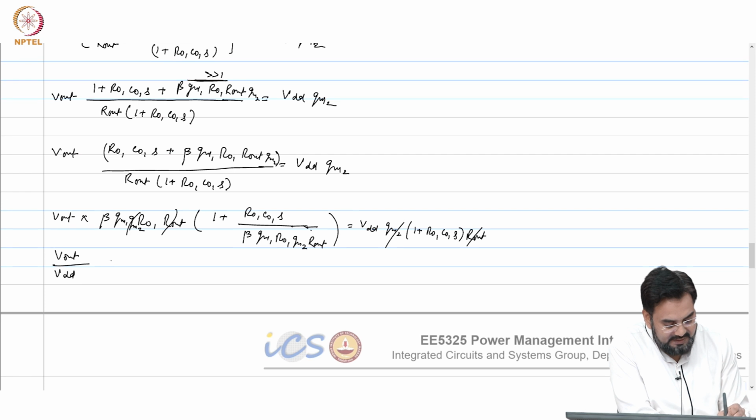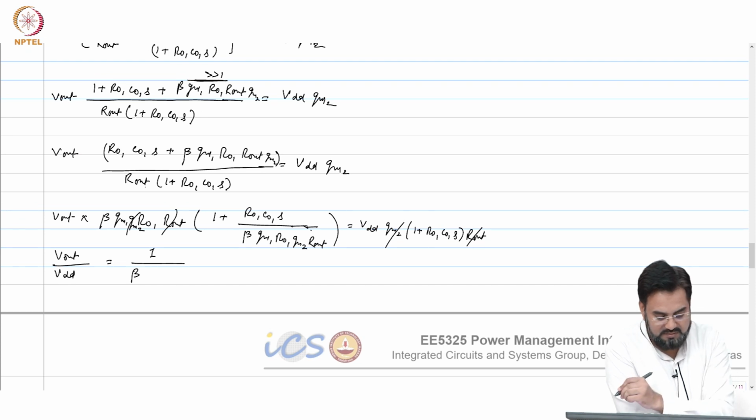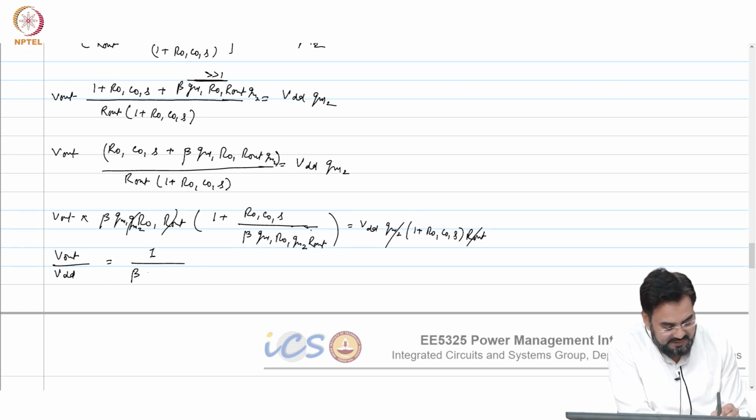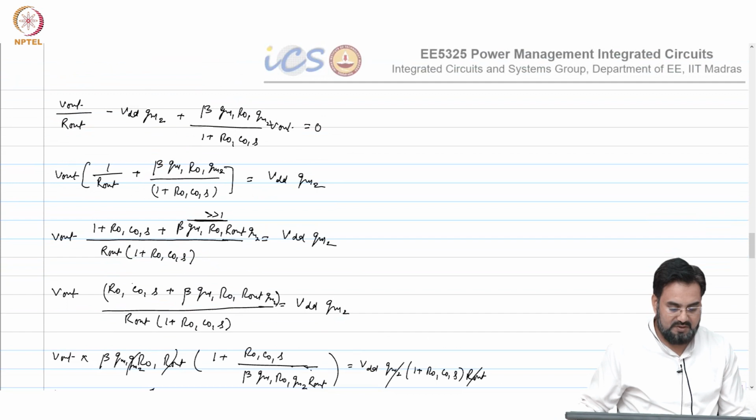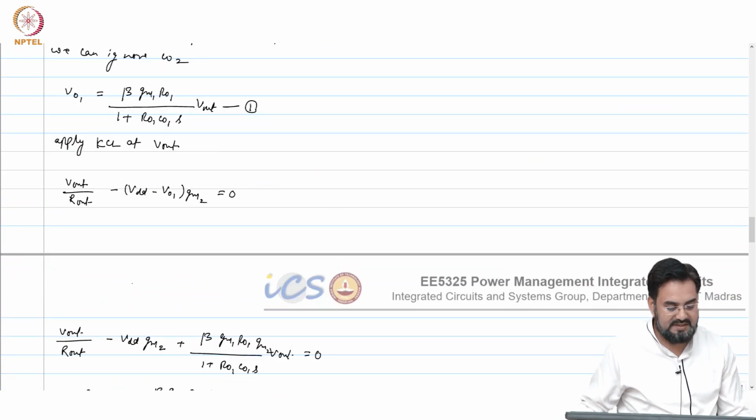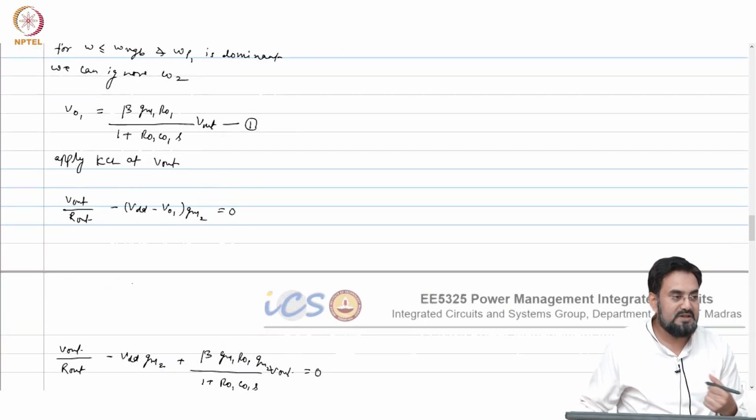So what is your DC gain here? Beta GM1, sorry, 1 over, because this whole thing will go on the right hand side. So 1 over beta GM1 RO1, and this is same as what we had in the previous case, if you remember, DC.